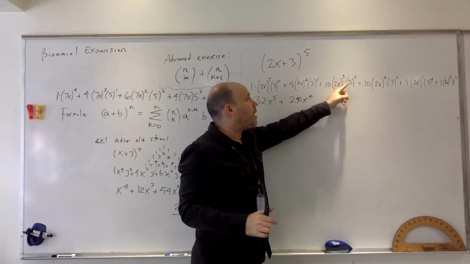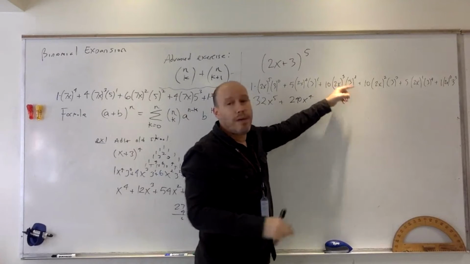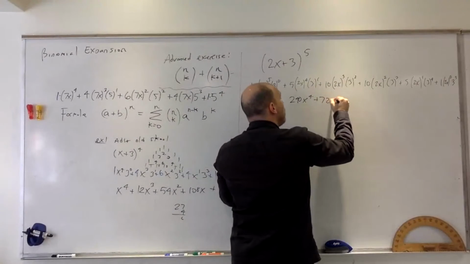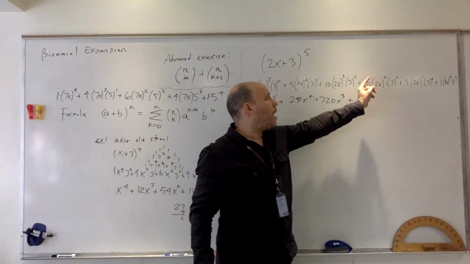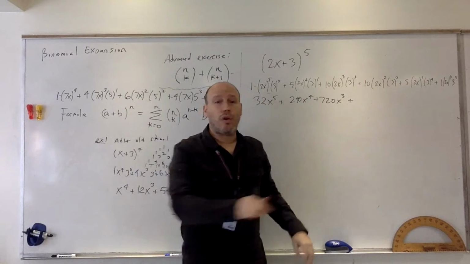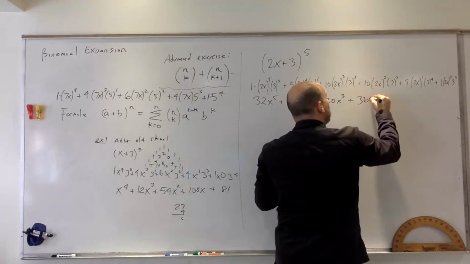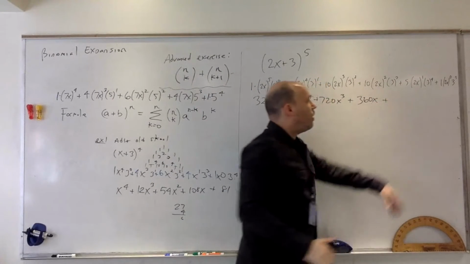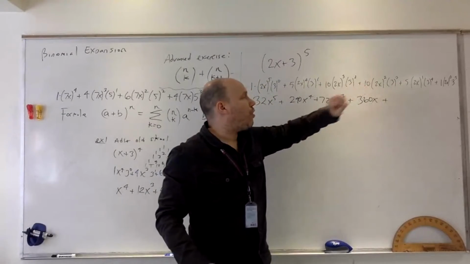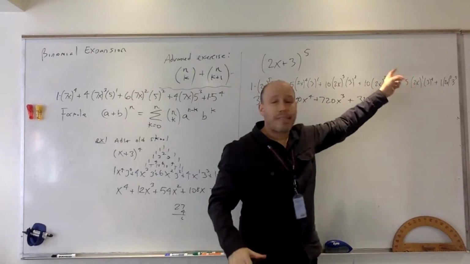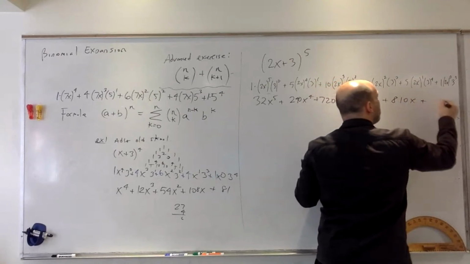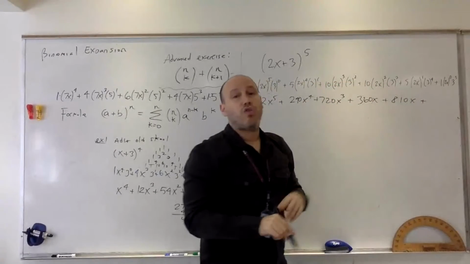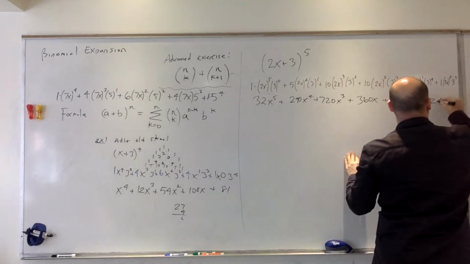What do we have here? 8 times 9 is 72. 72 times 10 is 720x to the 3rd, plus 9 times 4 is 36, 36 times 10 is 360x, plus 81 times 2. Well, let's see, 81 times 10 is 810x, plus 3 to the 5th, 243.